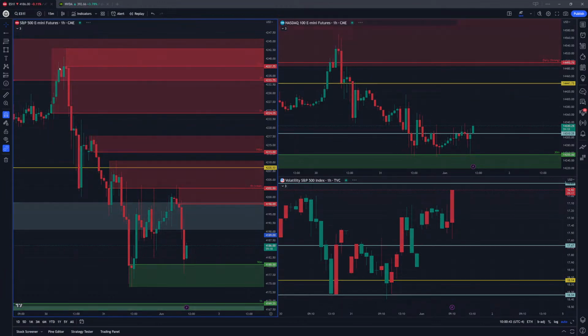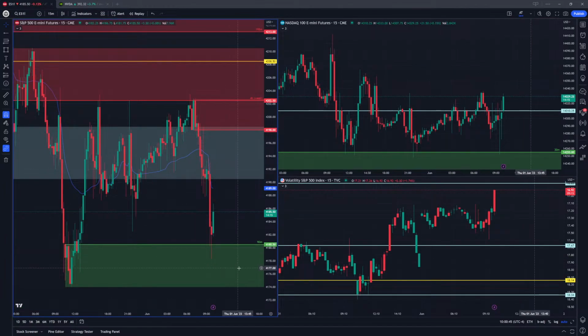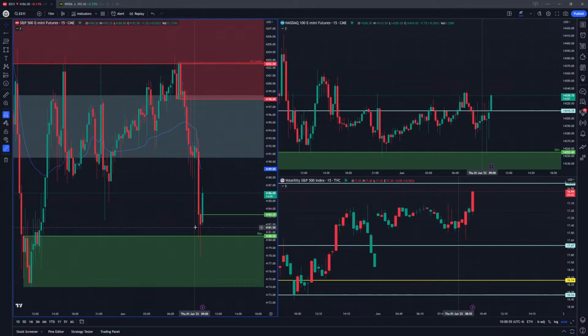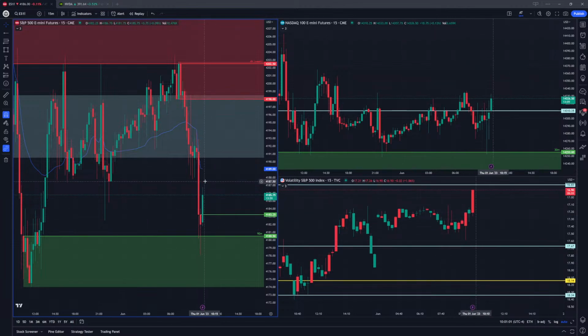Alright, so the 15-minute gave us a nice big rejection. Maybe we see a big pop and hold, and this will create a 15-minute demand zone. What we would look for is continuation. We would want this 15-minute to have a nice big pop and close somewhere over here, and the next 15-minute maybe come down a little bit, but also continue.